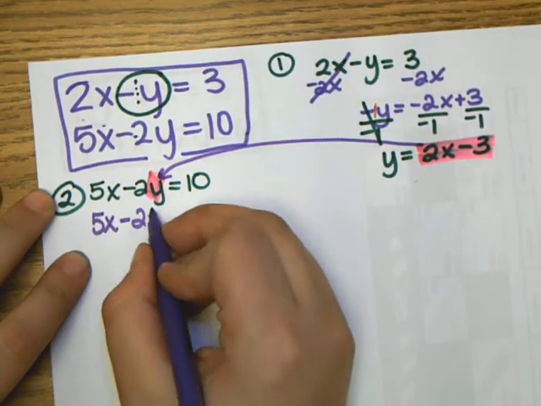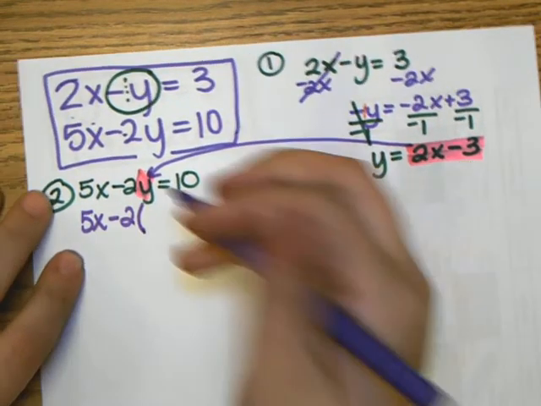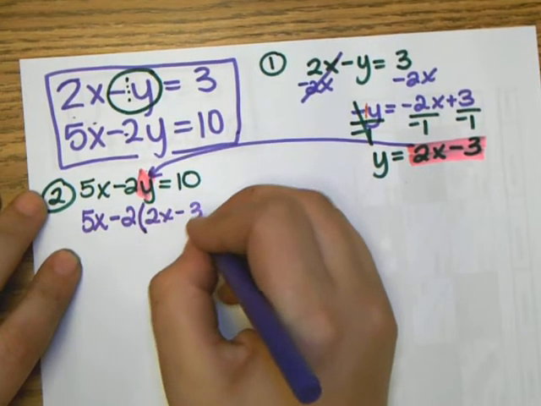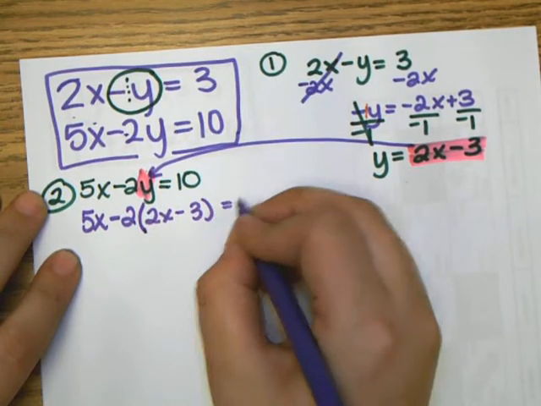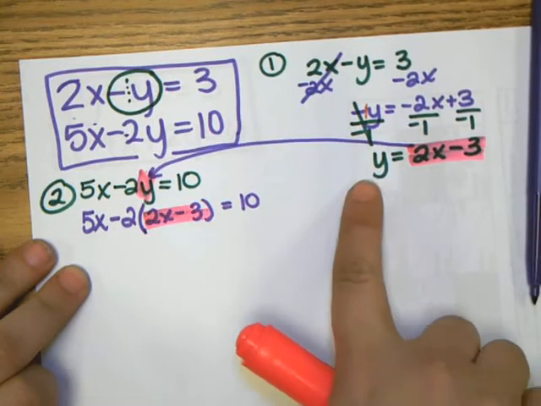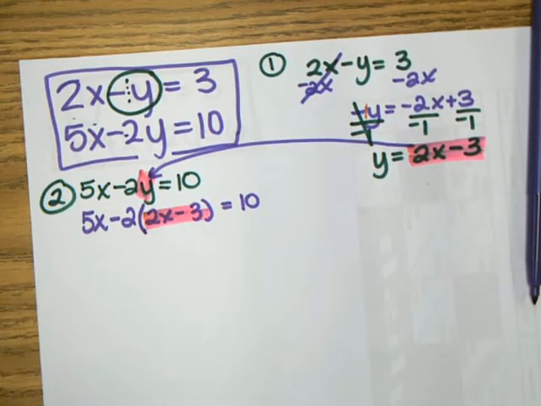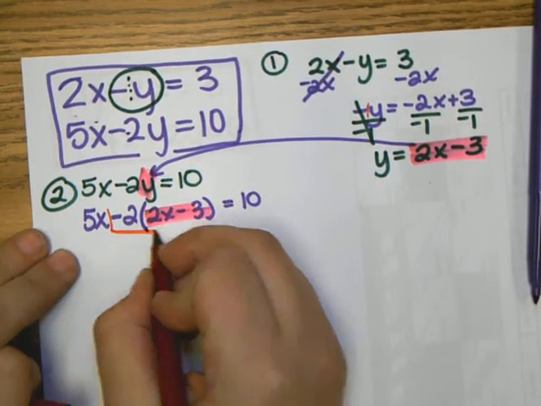So we're going to plug that in there. So we have 5x minus 2 times, so we need to put parentheses around the 2x minus 3, and then equals 10. So all we did here was take the y out because the y is equal to that.